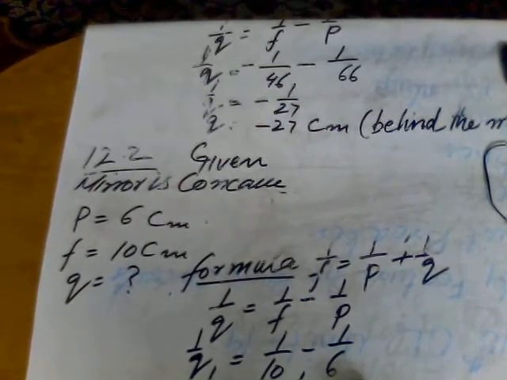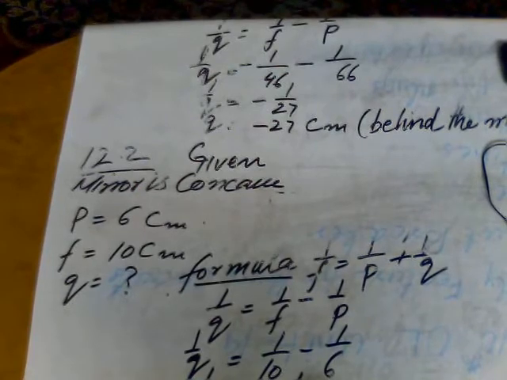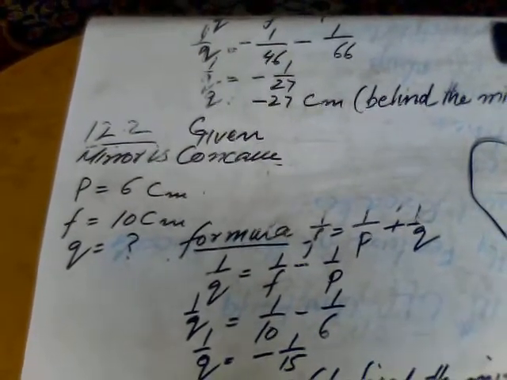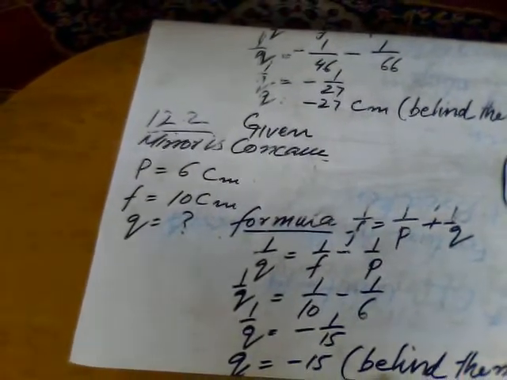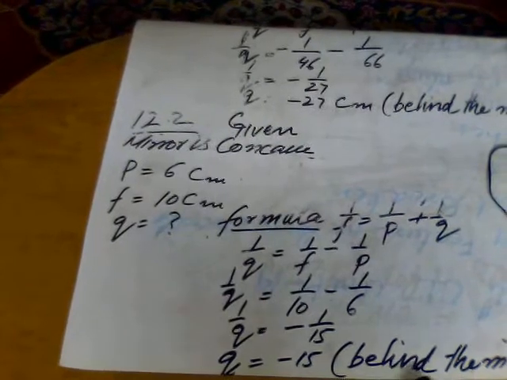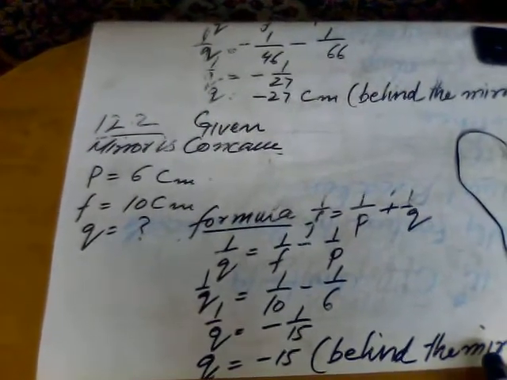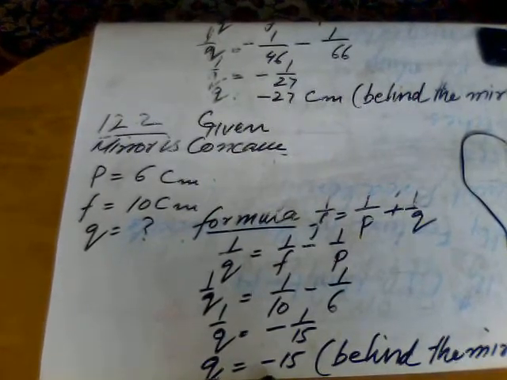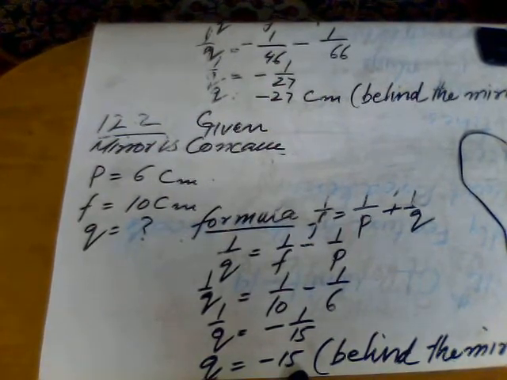After we take the LCM and solve it, we get minus 1 over 15, which shows that the image is behind the mirror. Again, in this case, the image is virtual, behind the mirror at a distance of minus 15 centimeter.